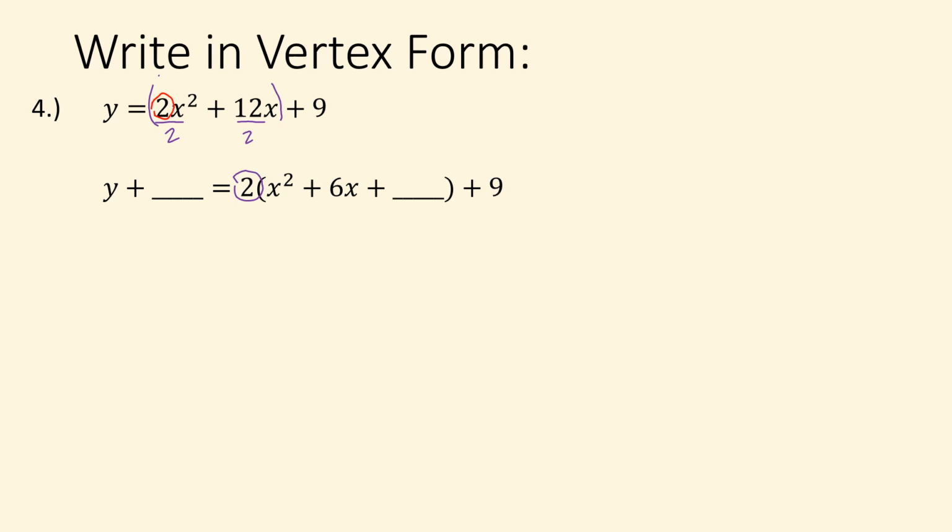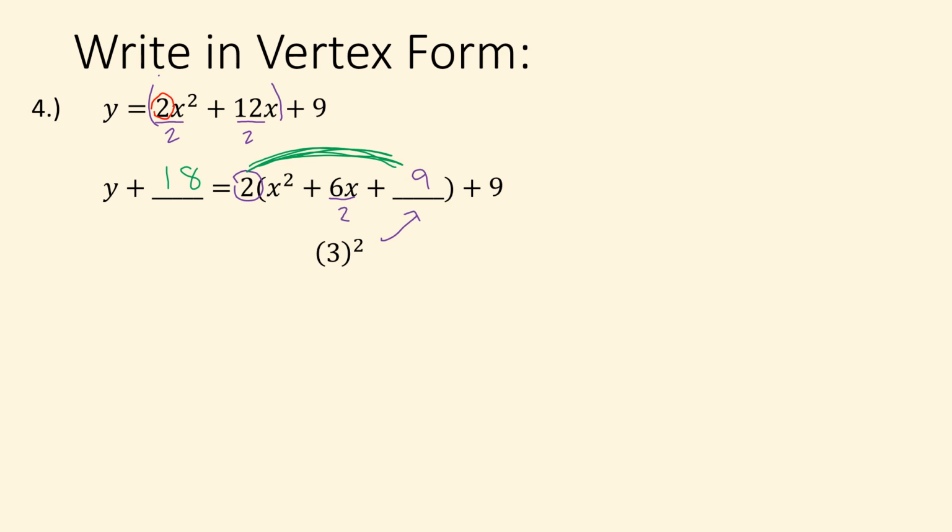That plus 9 is at the end. Cut this guy in half. We get a 3. Squared equals 9. Now, just keep in mind that we didn't add 9 to the right side. We actually are adding 18 because it's 2 times 9 there. So over here we have to add 18.